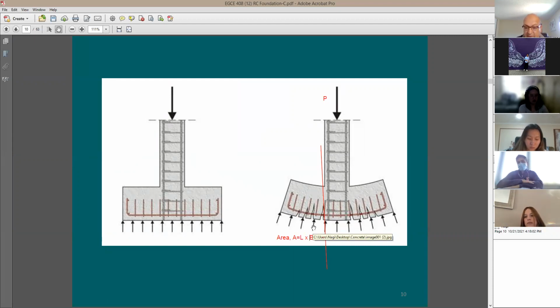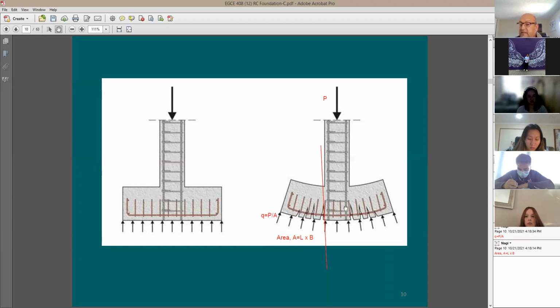L is going to be the length of the pad, and B is going to be the width of the pad. Sometimes it's going to be a square pad, so L is going to be equal to B. And then this pressure here, you can call it Q. Usually we use Q as the symbol when it comes to soil pressure. It's going to be equal to P divided by A. This is going to be the contact pressure. This is a pressure that we'd like to keep within that allowable soil bearing pressure.